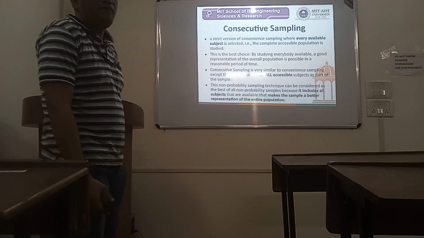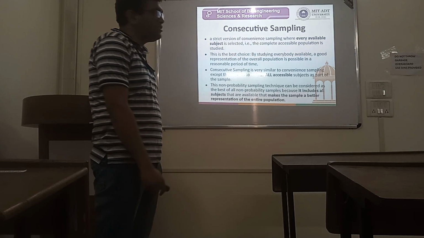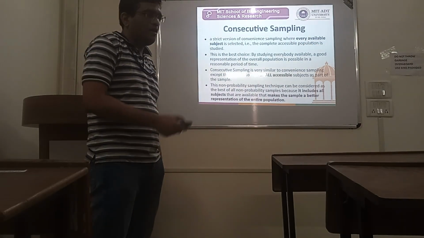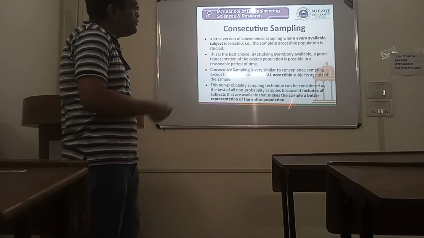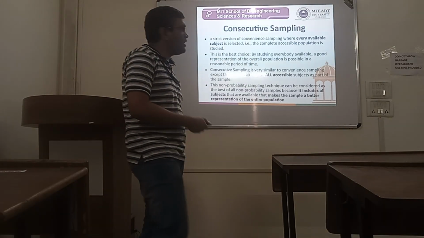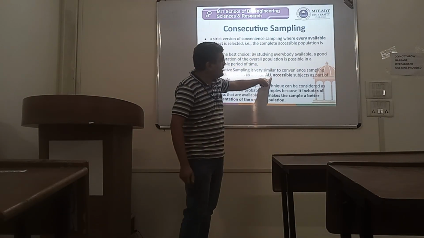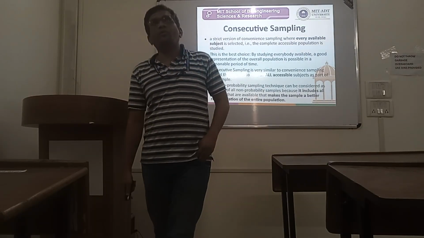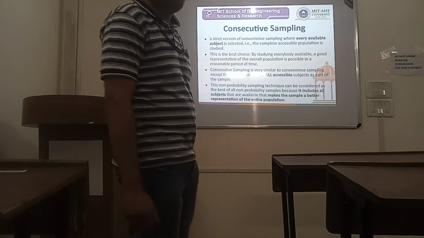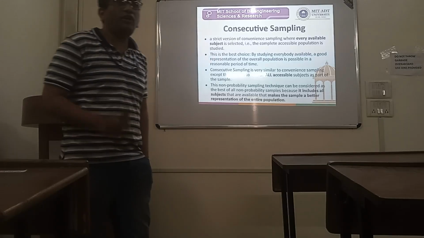The next type of non-probability sampling is consecutive sampling, in which you continue taking samples one after another until all accessible subjects in the population are completed. So essentially, what does it mean?